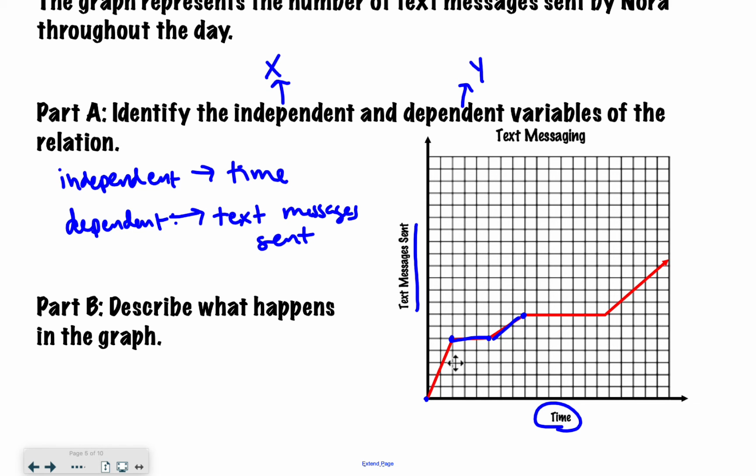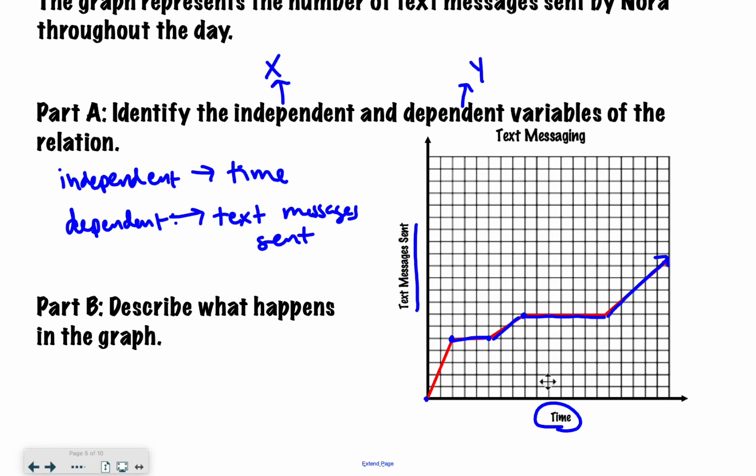It's not as steep. So text messages were sent, but not as much as the first piece of time. Then it really levels off for a while before the text messages start getting sent more and more as time passes. So I didn't write out everything that I just said, but that's what I'm looking for.